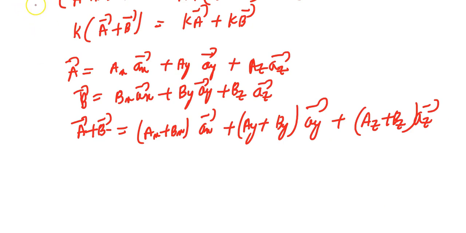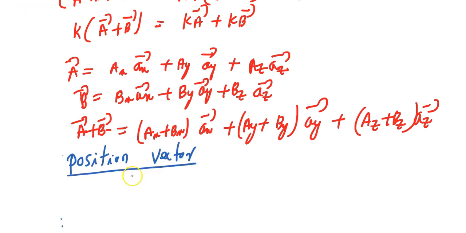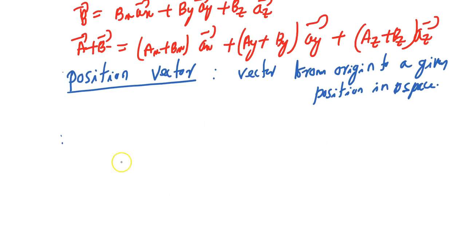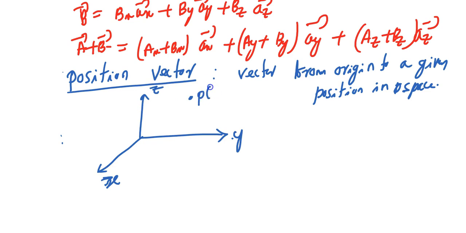Now we'll move to the position vector. Position vector is the vector from the origin to a given position in space. In Cartesian coordinate systems, I can write, let's say this is a point P(x, y, z).